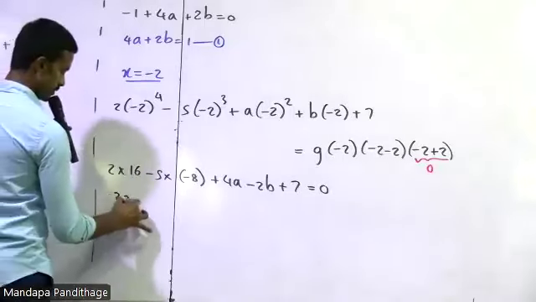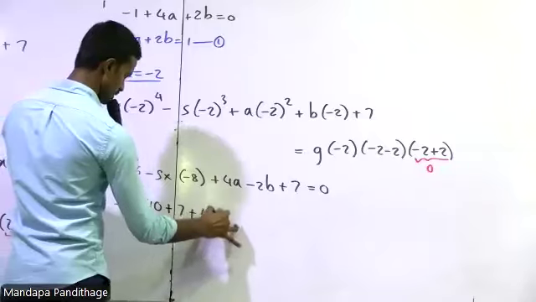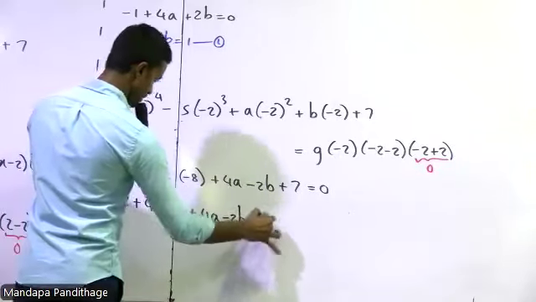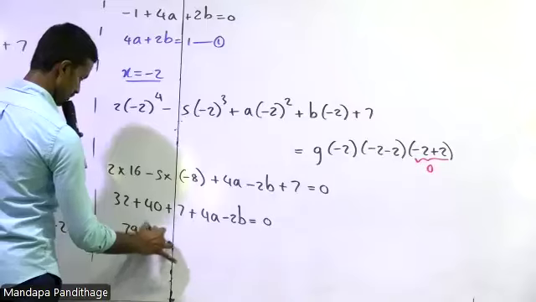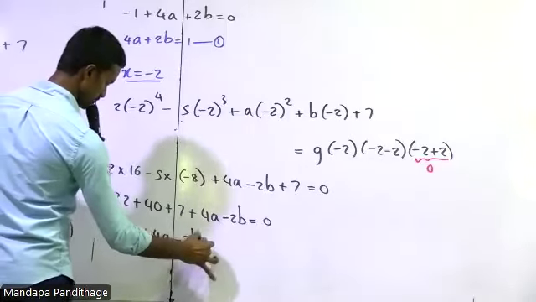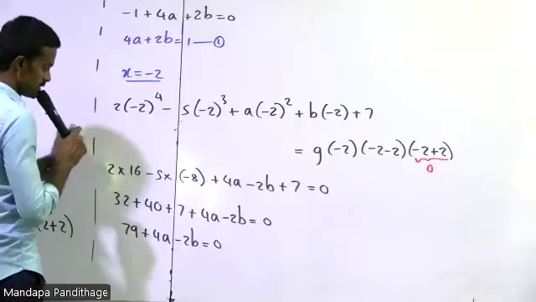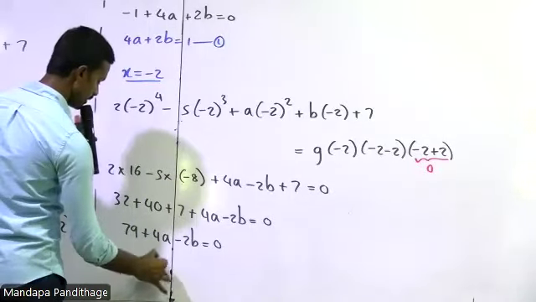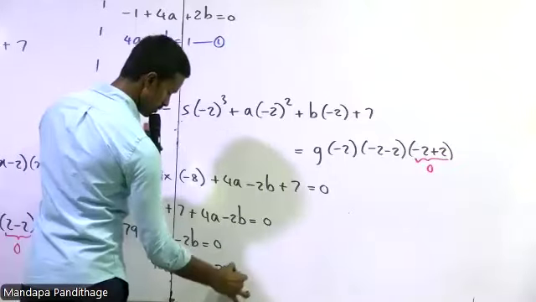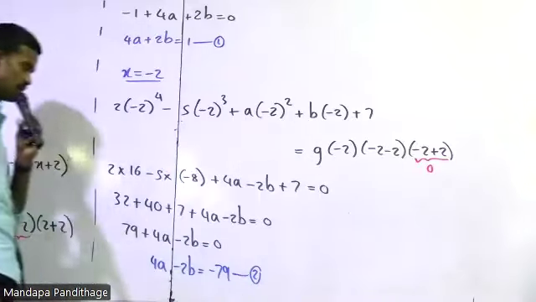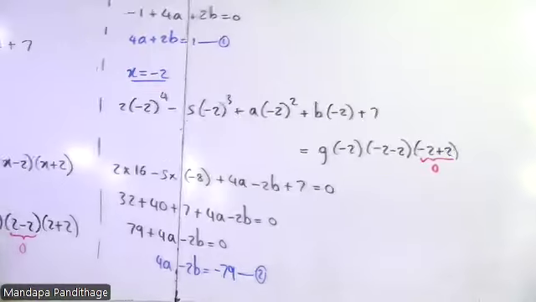So it's 32 plus 40 plus 7, which gives you 79, plus 4a minus 2b is equal to 0. So here's the other simultaneous equation: 4a minus 2b is equal to minus 79.